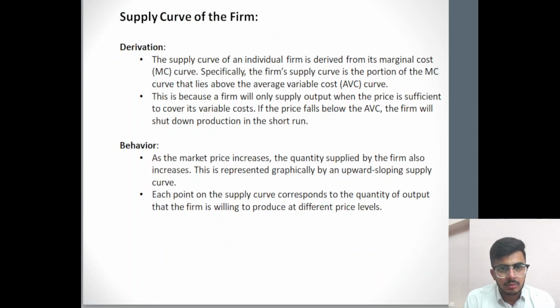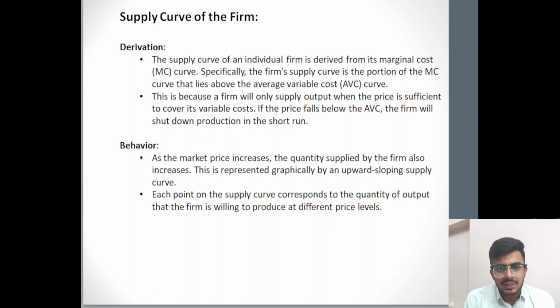The supply curve of the individual firm is derived from its marginal cost curve above the average variable cost. The behavior is that as the market price increases, the quantity supplied by the firm also increases.